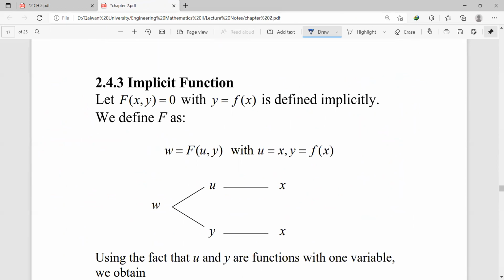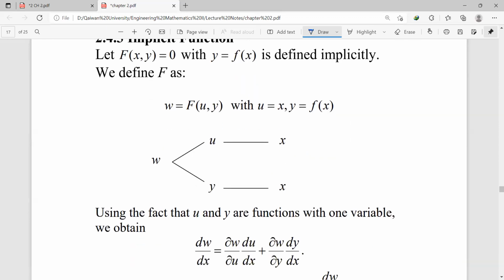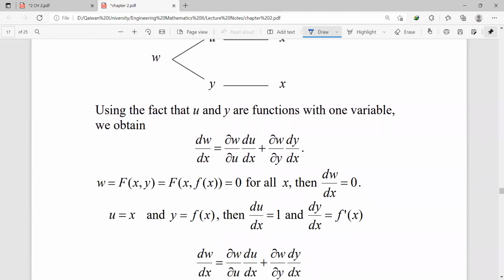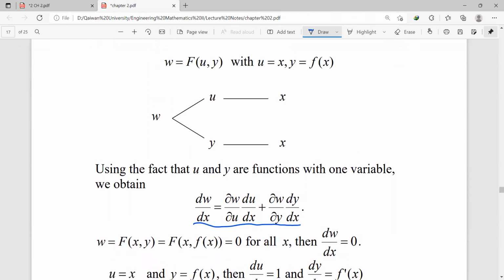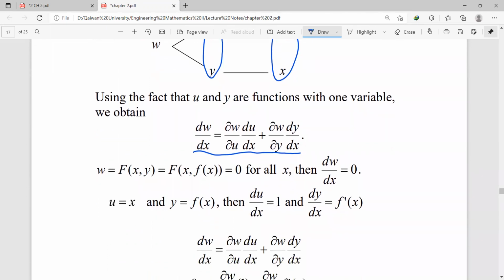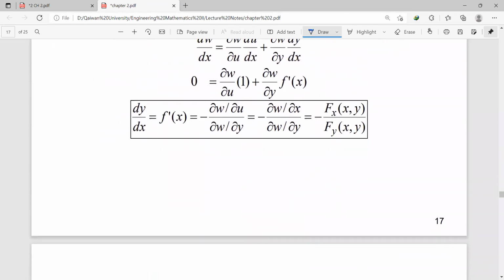We now have implicit functions. For finding the derivative of an implicit function, we use the chain rule. If we have two intermediate variables and one independent variable, that's the chain rule for it. Here we say dy by dx.